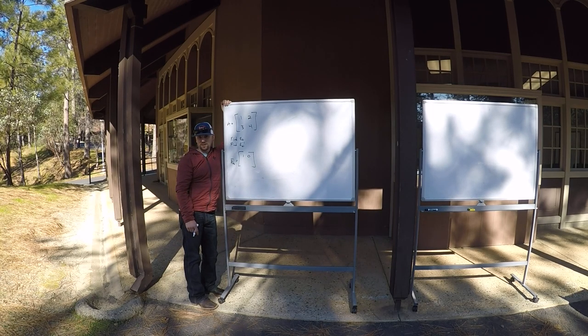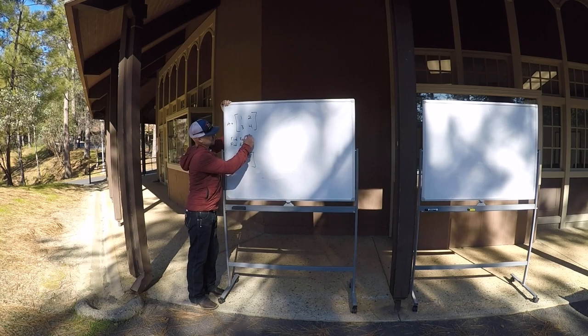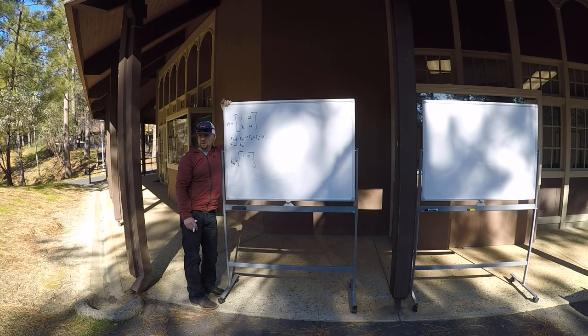You guys with me on that? Okay. Now I'm supposed to subtract 3 row 1 from row 2, right? So this is going to make the new row 2 the old row 2 minus 3 times row 1, right?